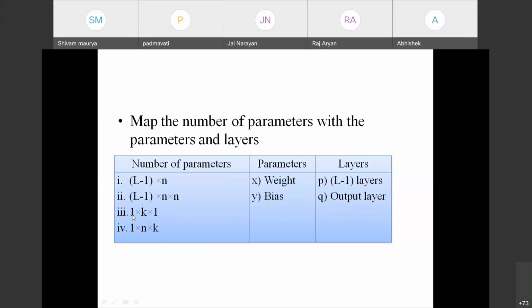We have one layer, k cross 1 neurons. When it is possible, 3, y and q. Okay, next, fourth one.